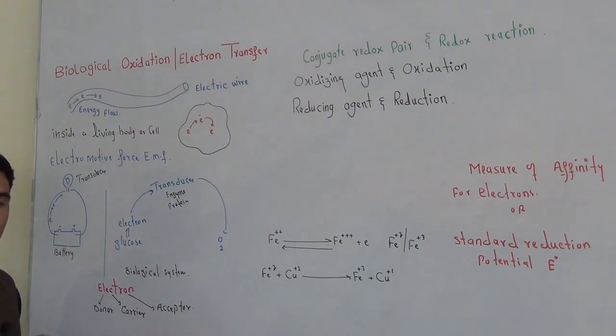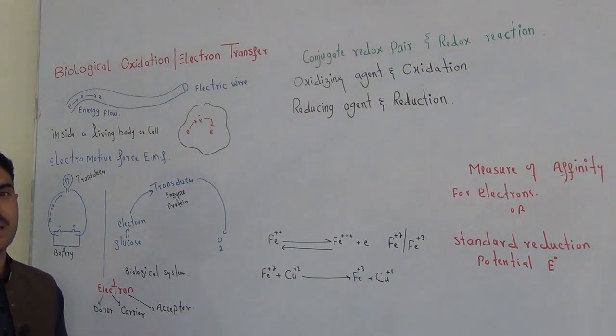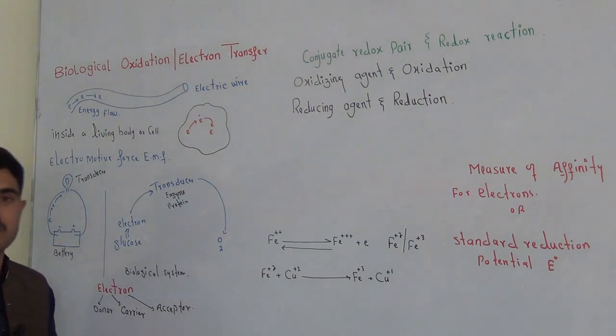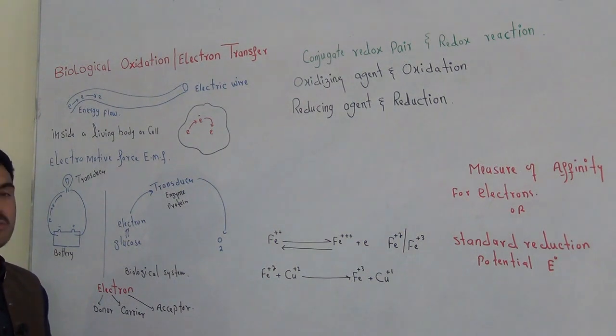Inside the cell, the energy is associated with electron transfer, and almost this whole chapter is involved with electron transfer, because it is also the name of bioenergetics, right? And in biological oxidation, we are in the same chapter yet. So the concept of electron transfer is very necessary for all of us to understand.